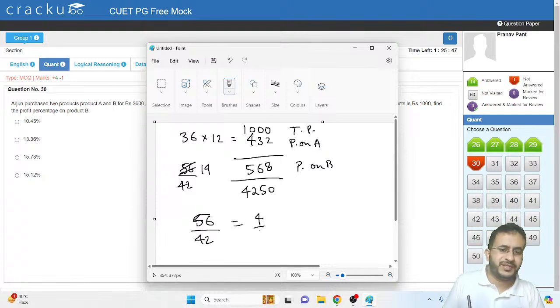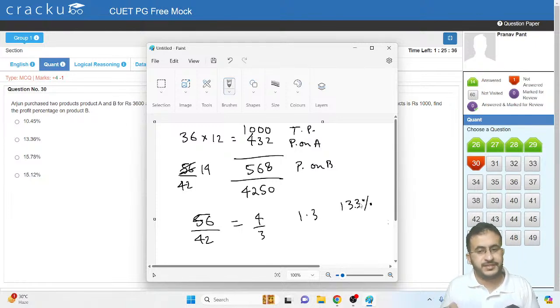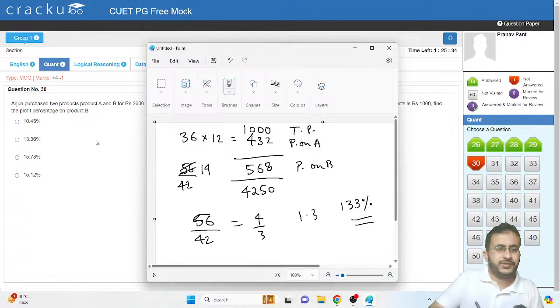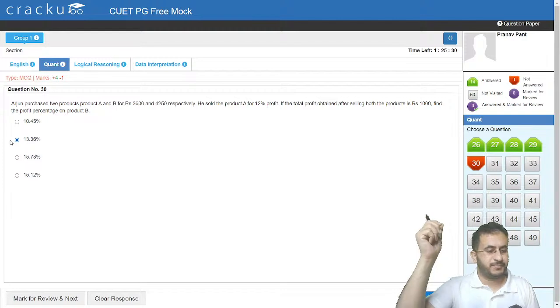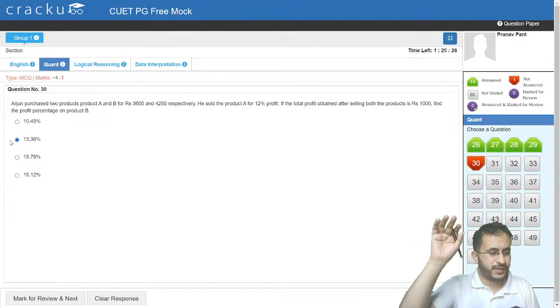नंबर्स देखो 5 6 एंड 4 2, राइट? कैन वी से 4 बाय 3, 1.3 टाइम्स. सो 133% ऐसे कुछ बनेगा, लाइक 13.3% by ignoring the decimals and zeros. So roughly 13.3%. So that is our answer. Okay. So you need to be vigilant with the numbers also, not just simply go into calculations.